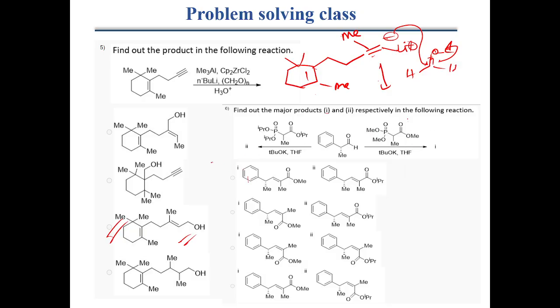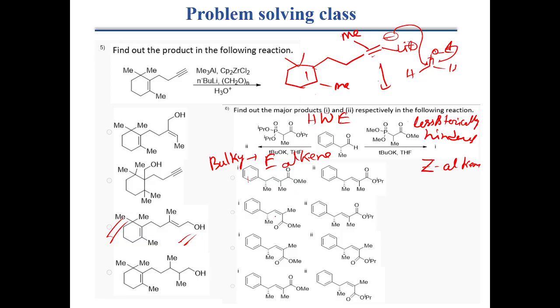So in case of bulky substrate, we'll get the E alkene as a major product after the Horner-Wadsworth-Emmons Wittig reaction, and with the less sterically hindered substituent will give the Z alkene as a major product.